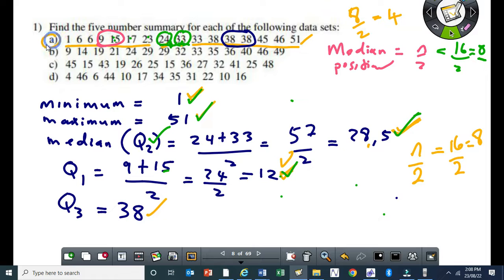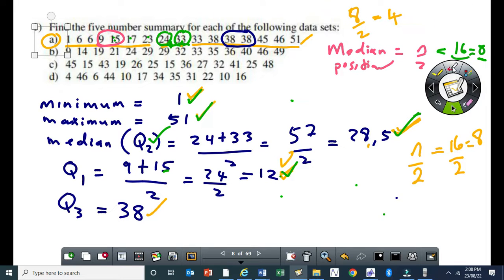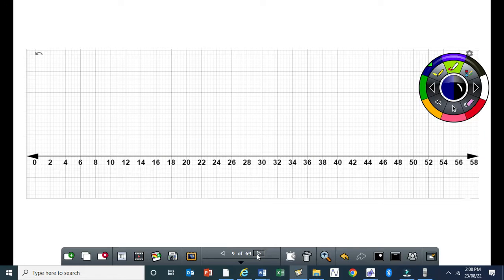Now I need to draw a box and whisker plot for that data set. So all I have to do is go to my number line here. Fortunately, I've got some lines. Now let me start by drawing the box first.